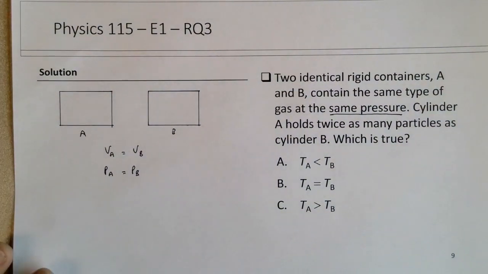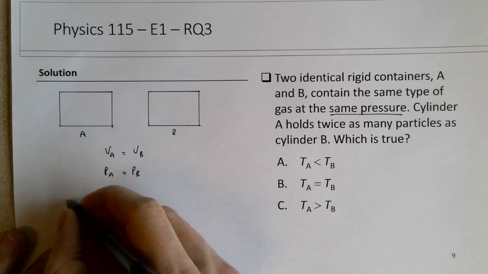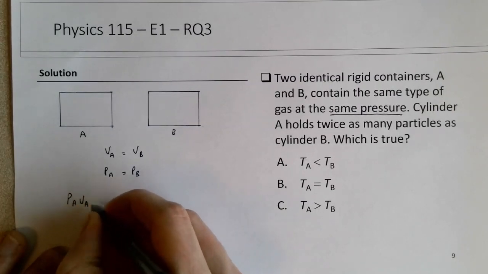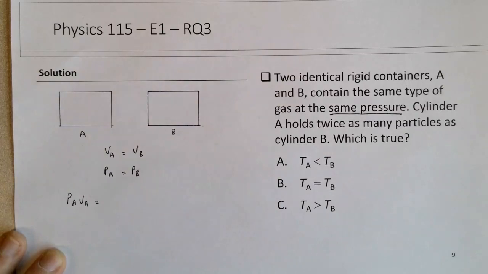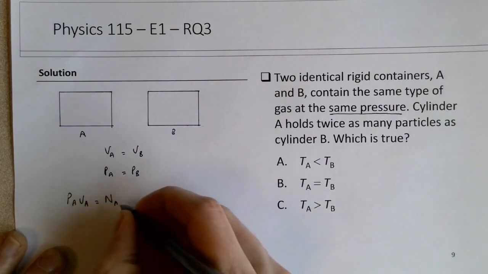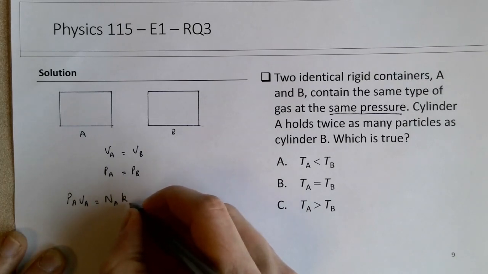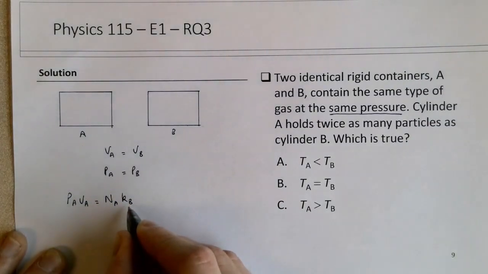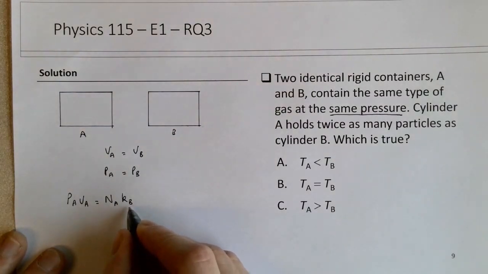Now the ideal gas law is what links our pressure, volume, number of molecules, and the temperature. So let's start with that. I know that PA VA equals NA times KB times TA, and I'll use the large N since we're looking for the number of particles. And not to confuse, this B here has nothing to do with cylinder B, but Boltzmann's constant.